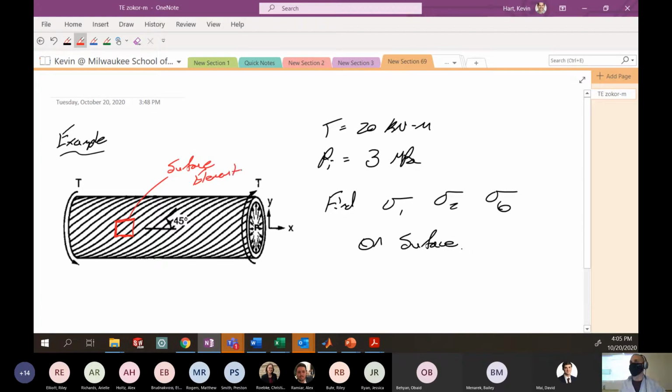Under what stress conditions is this surface element? Plane stress. Why is it in plane stress? How do we know that a surface element here is in plane stress?